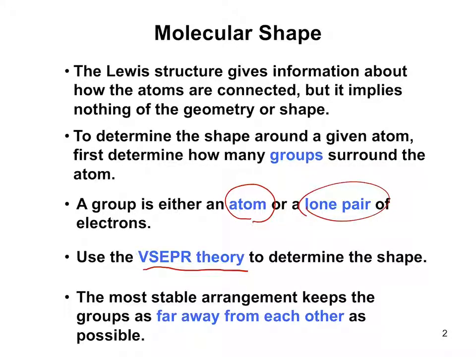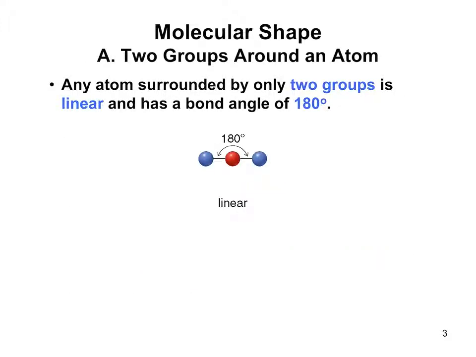VSEPR theory tells us that the most stable arrangement keeps the groups, whether they're atoms or electron pairs, as far away from each other as possible. In other words, in three-dimensional space, these groups are going to get as far away from one another as possible. It's really nice to explore the molecular shapes with molecular models, so we will do that in class, but hopefully you can get the basics down before you come to class.